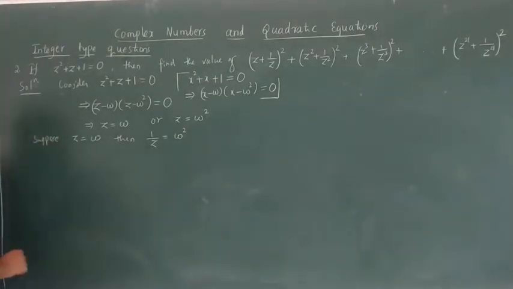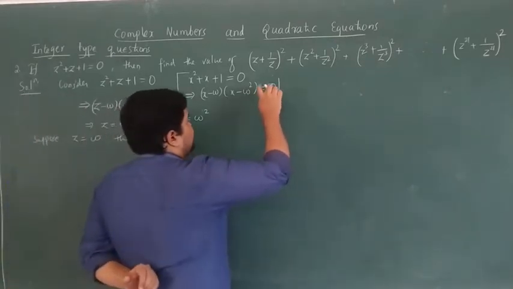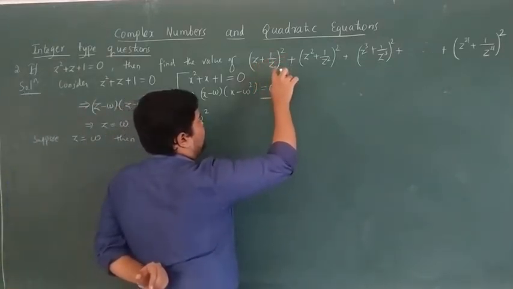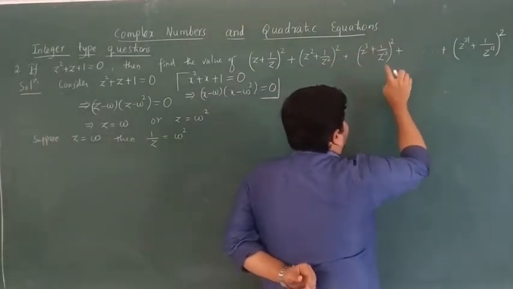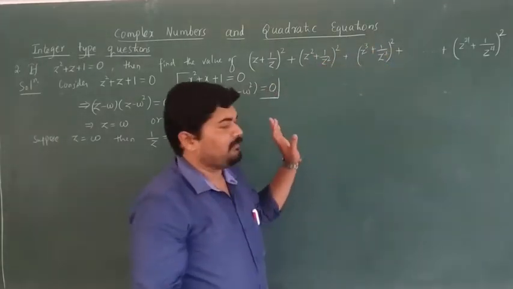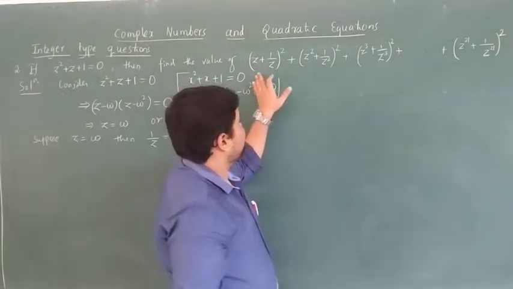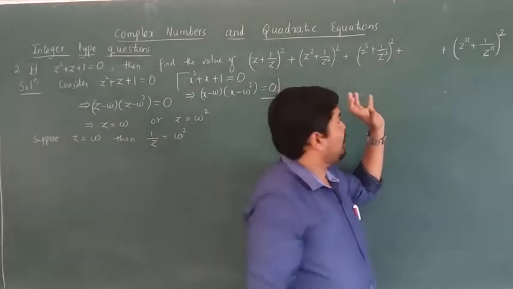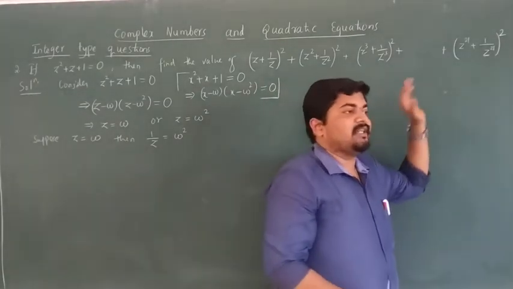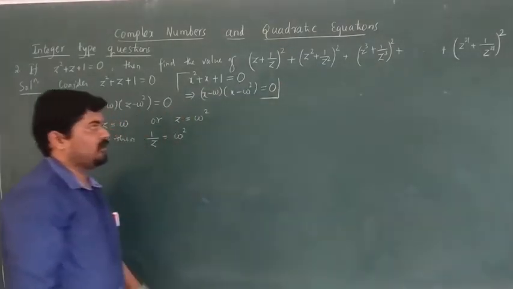Now let me try to find the expressions for z plus 1 divided by z, z square plus 1 divided by z square, z cube plus 1 divided by z cube, and let me verify whether the same results which hold for these three expressions also hold for the next set of three elements and the other set of three elements. Let me do that.